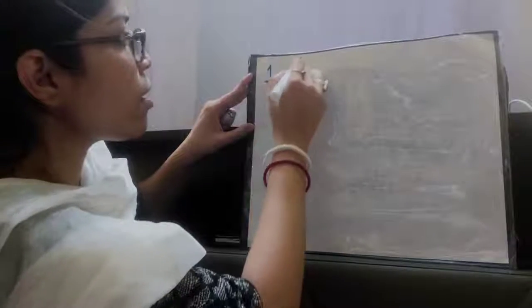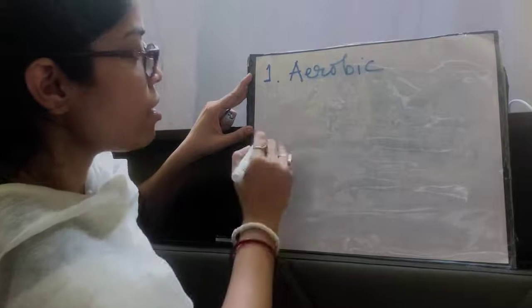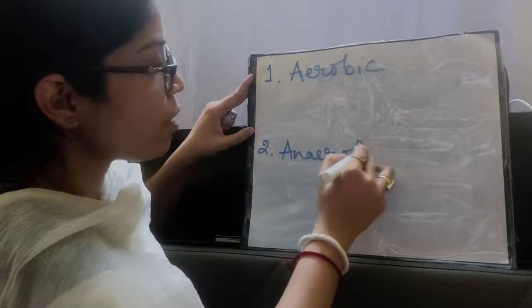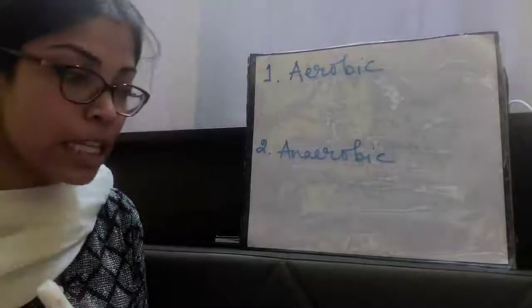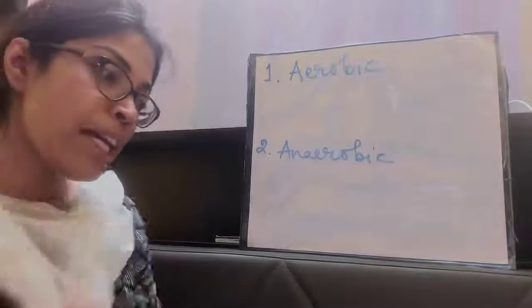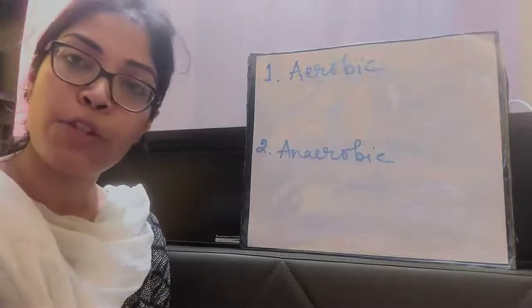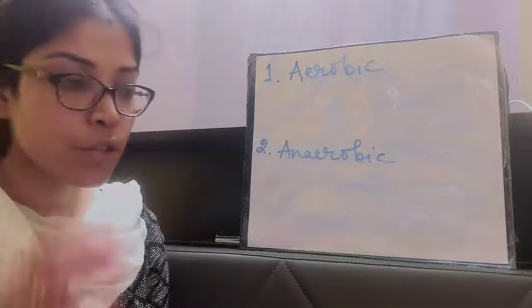The first one is aerobic respiration, and the second one is anaerobic respiration. So aerobic and anaerobic are the two main types of respiration. Look into your book. Depending upon the presence or absence of oxygen, respiration is of two types: aerobic respiration and anaerobic respiration.